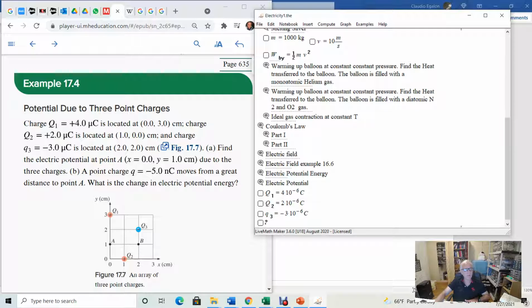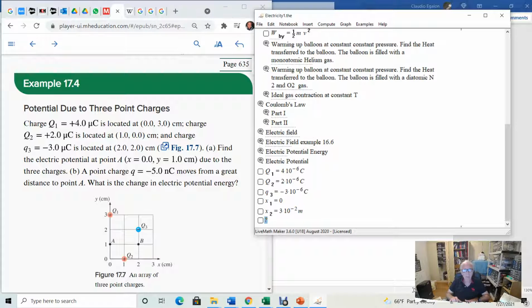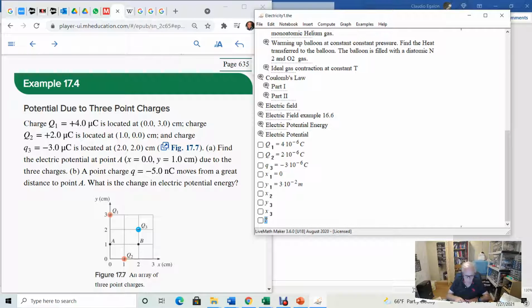We have their positions. I'm going to put here x1, x of 1 is 0, and y1, it's 0, and then we have x2, y2, x3, y3.